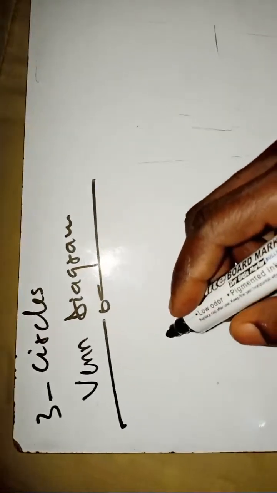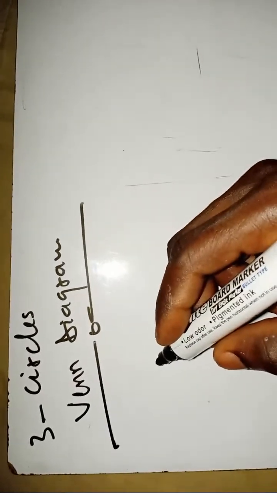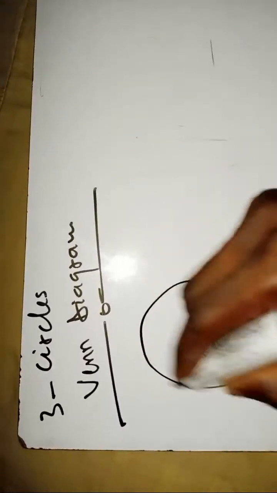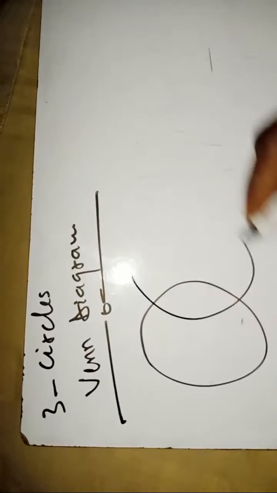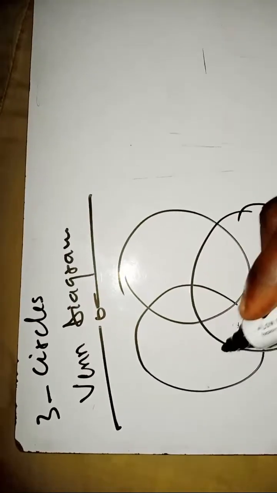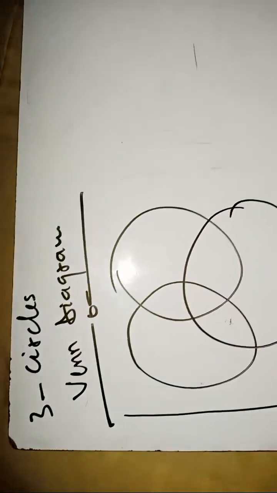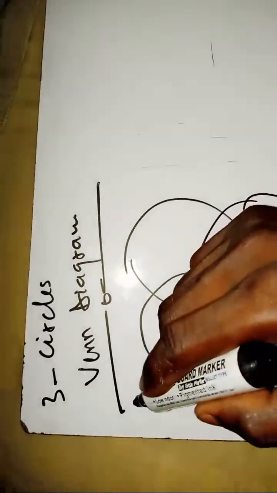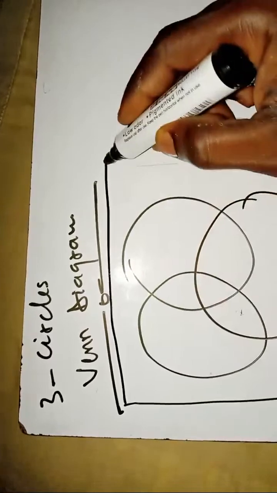So dealing with three circles, we know how that looks. It goes like this, and then something like this, and then we have the Venn diagram available. Is that okay? So this is our Venn diagram.